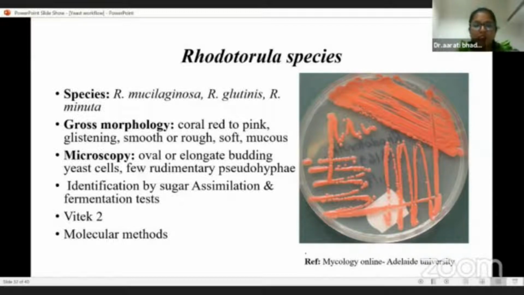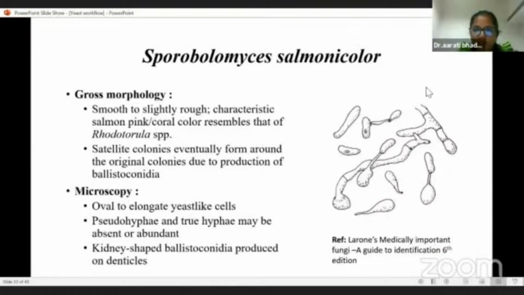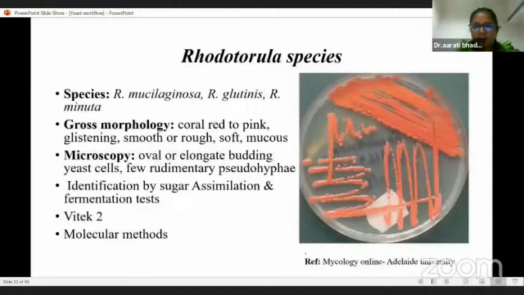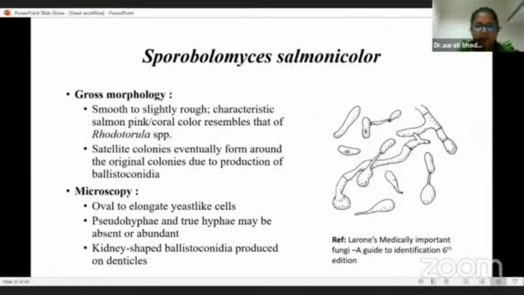Similar to this, one species which will give coral red to pink color colonies is Sporobolomyces salmonicolor. Previously, I used to think that if pink or orange pigment has come, it is only Rhodotorula. But now I understood that if this type of colonies has come, there are two differentials: Rhodotorula species and Sporobolomyces salmonicolor.